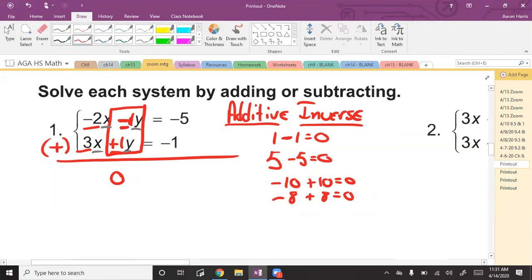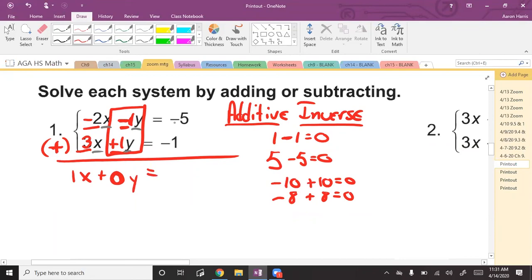So let's add these equations. -2 plus positive 3 is what? 1. So I get 1x plus, what's -1 plus positive 1? 0.